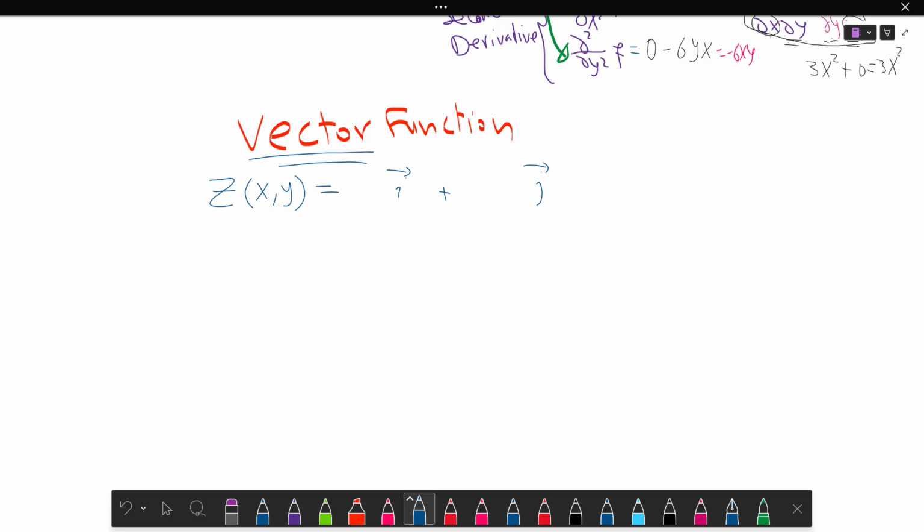So you have a first component of x and y, and a second component of x and y. This one we call a vector function in 2 dimensions, right? If you have w as a function of 3 variables, x, y, z, good.